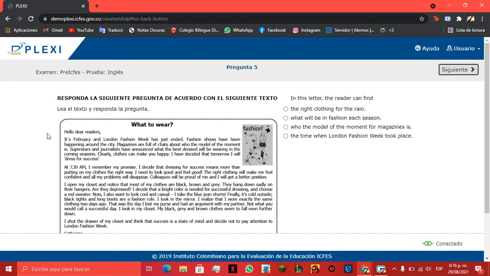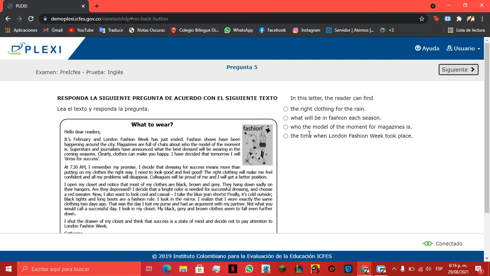It says what can happen, to see in the future what this tendency will be. Who the model of the moment for magazines is?